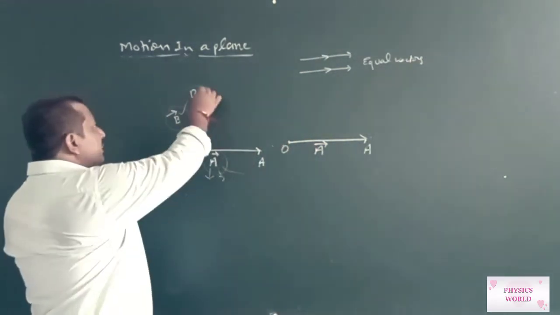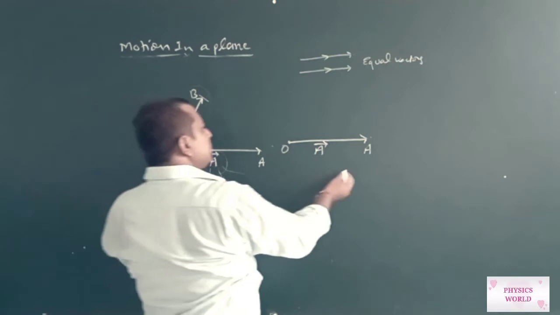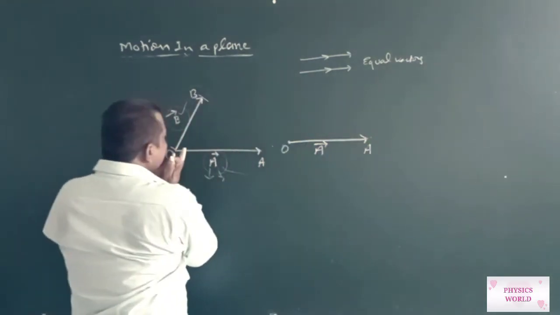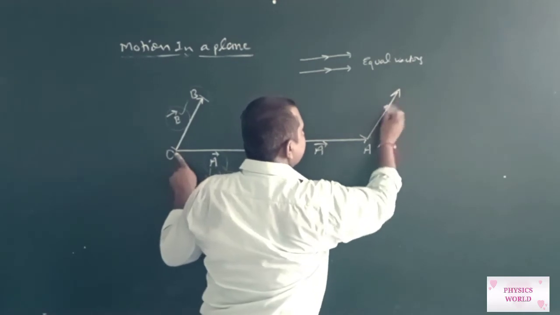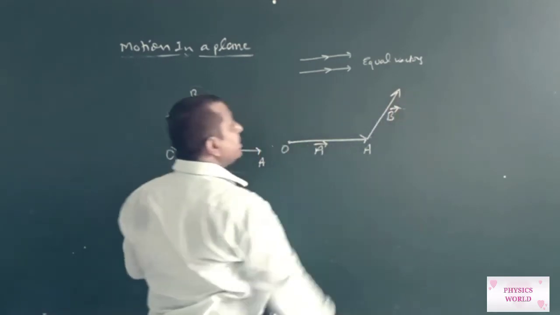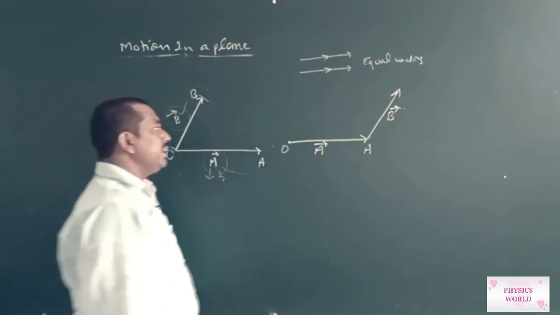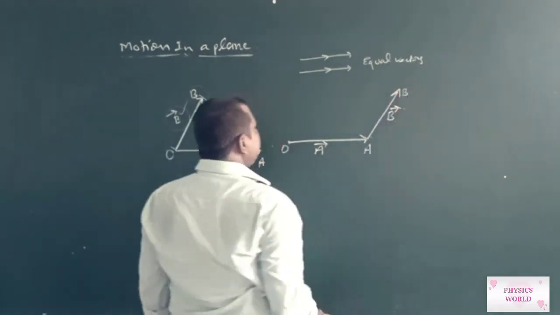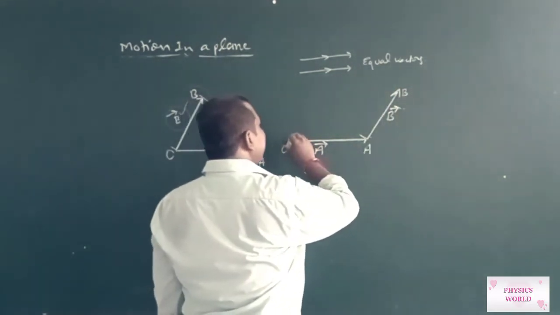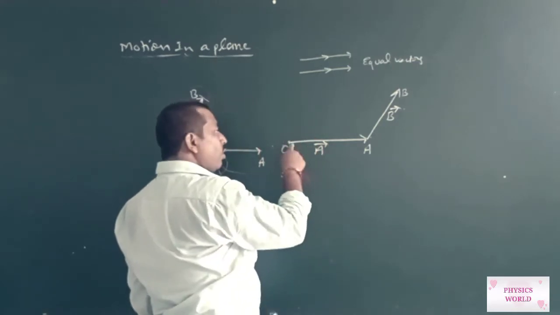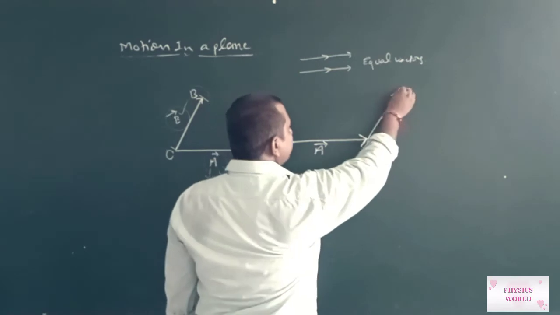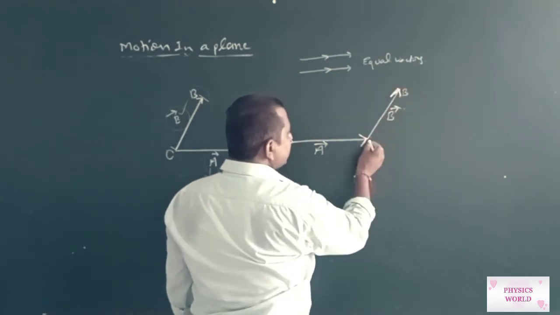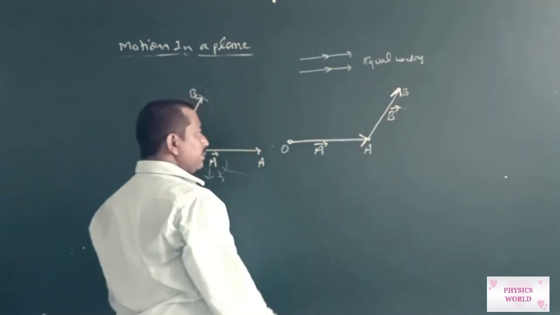So if we draw this vector starting from A and along the direction of OB, this vector is treated as vector B. If we join a line from the tail of the first vector, this is the tail and this is the head of the first vector, and this one is the head of the second vector, this one is the tail of the second vector.